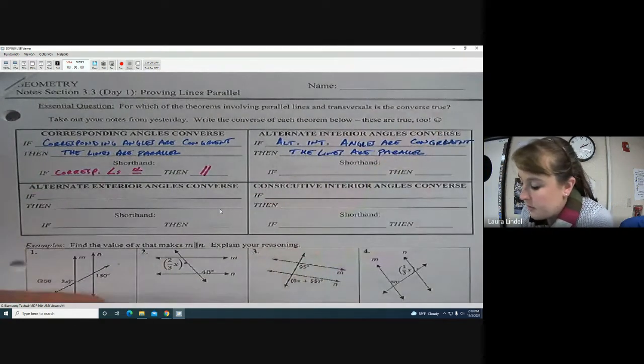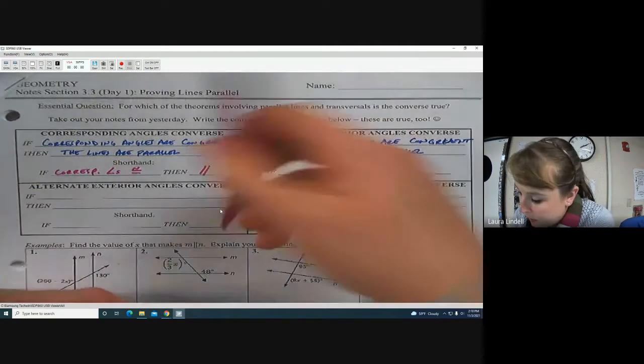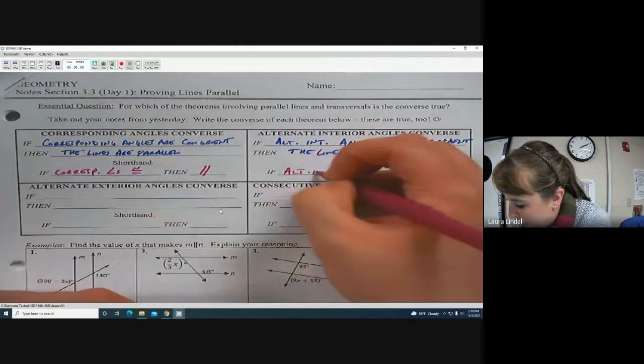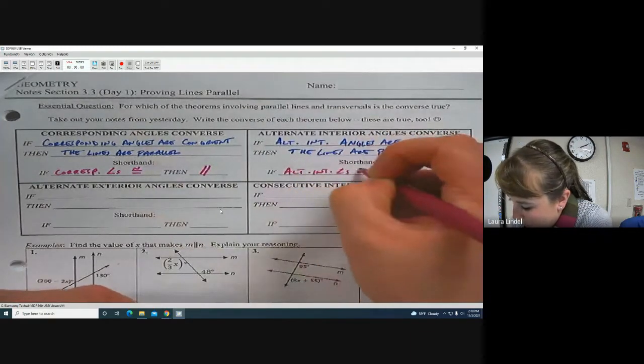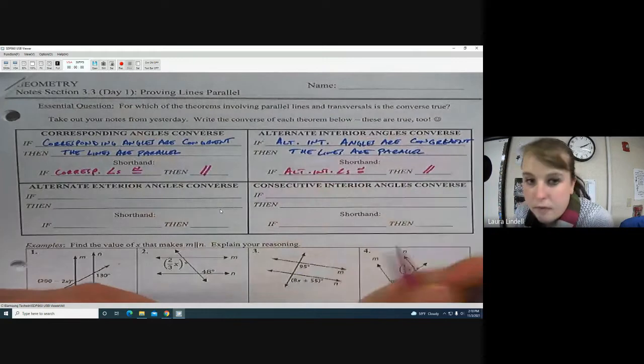This one, same idea. If alternate interior angles congruent, then parallel.